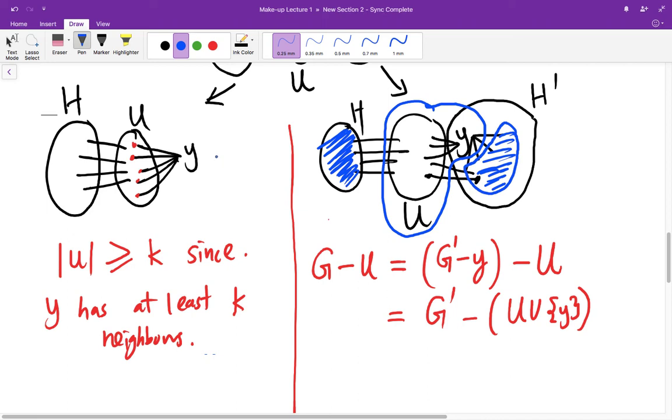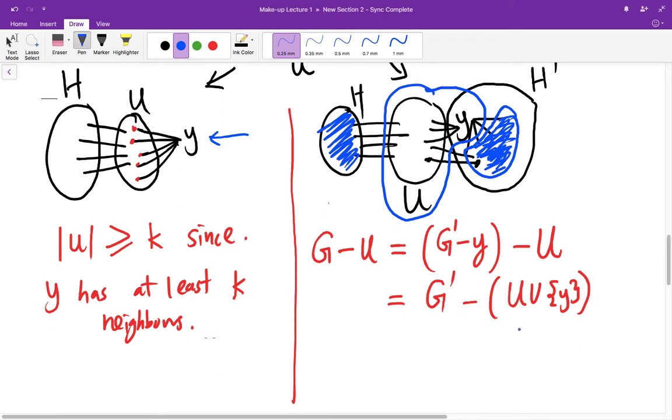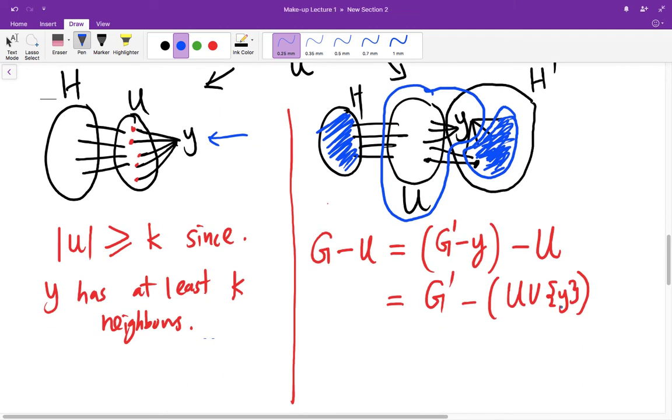In the previous case, Y doesn't have any neighbors in the component H prime because Y itself is the component H prime. But over here, we have some other vertices giving us at least two components after deleting U and Y. So this means U is a vertex cut of G because the graph is disconnected upon deleting U from G.